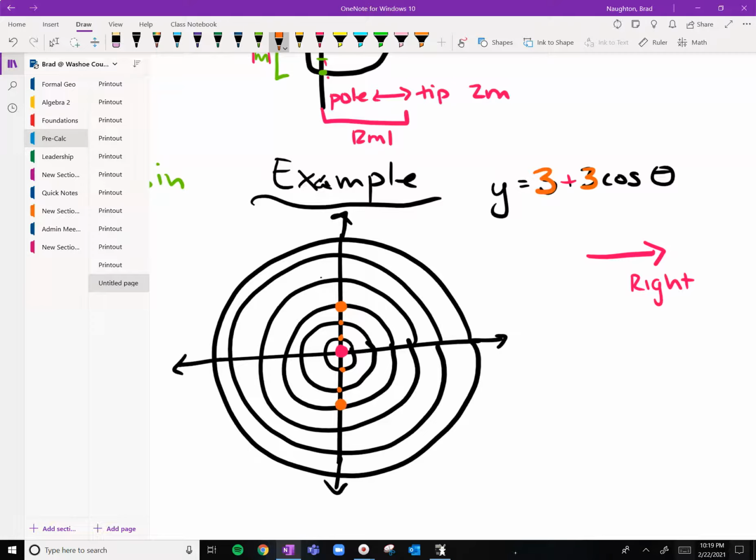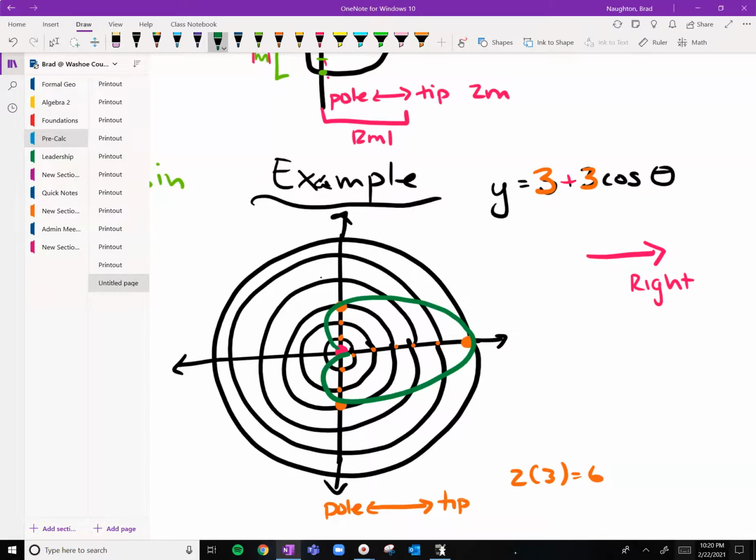And then the 2M is from the pole to the tip of our cardioid. So 2 times 3 would give me 6. So 1, 2, 3, 4, 5, 6. Then you can just go ahead and make your cardioid look like that. And so that's a good way to double check to make sure that you did all the other math right.